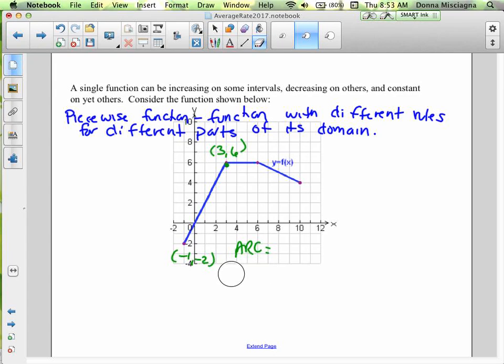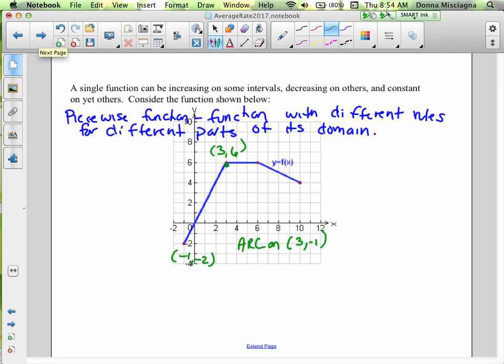And so I'll just put average rate of change on 3, -1. All right, so that just means from where x is 3. So this is where x is 3, and this is where x is -1. All right, so that's going to be 6 minus a -2.